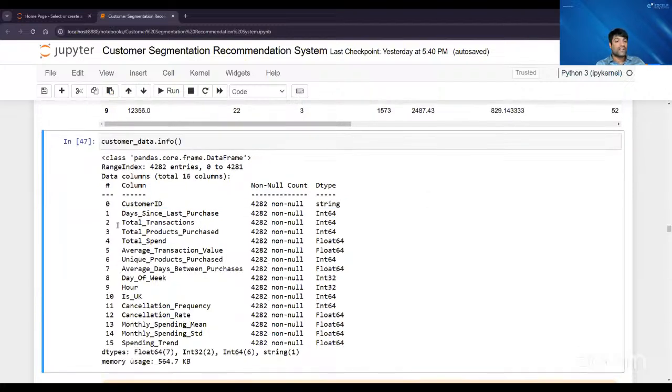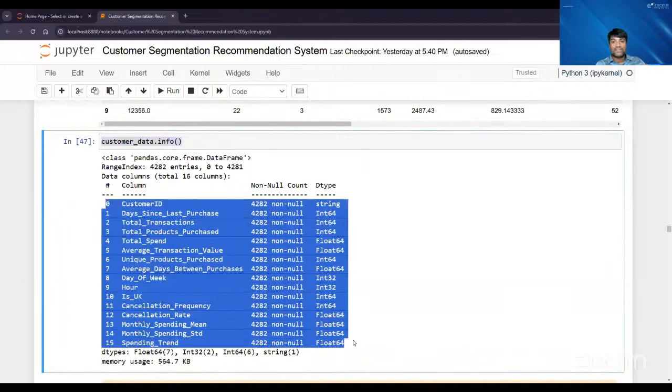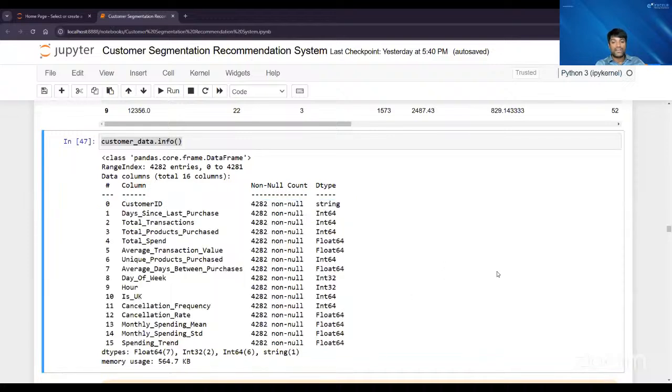This is the customer data, and these are the columns we have created. These are not columns in the original data set. These are the columns we created in the analysis we have done today. We have seen the days since the last purchase, total transactions, total products purchased, total spend, average transactions, all these things which we have created today, which are not part of the original data.